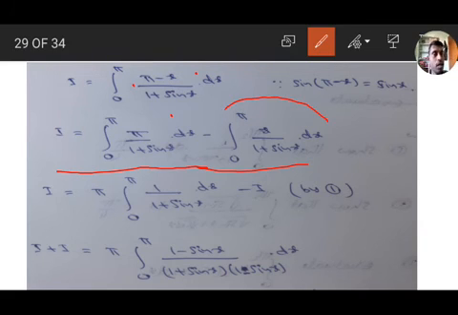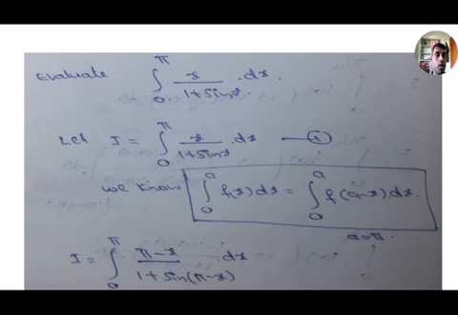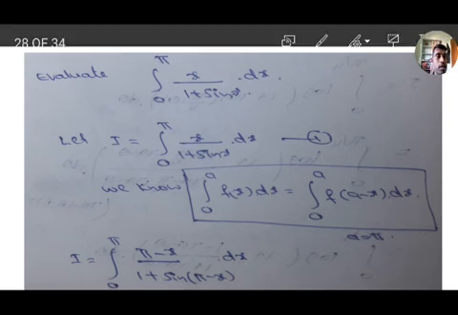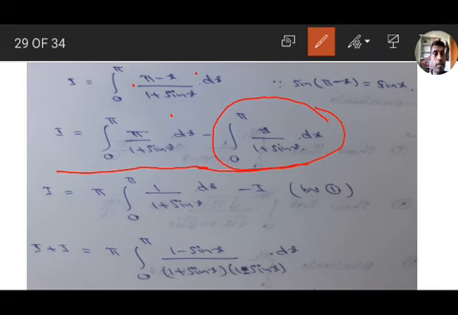This is the same as the given question, integration 0 to pi x by 1 plus sine x, which we took as I, so it is replaced by I. So I equal to pi, the coefficient outside, into integration 0 to pi 1 by 1 plus sine x dx minus I, using equation 1.